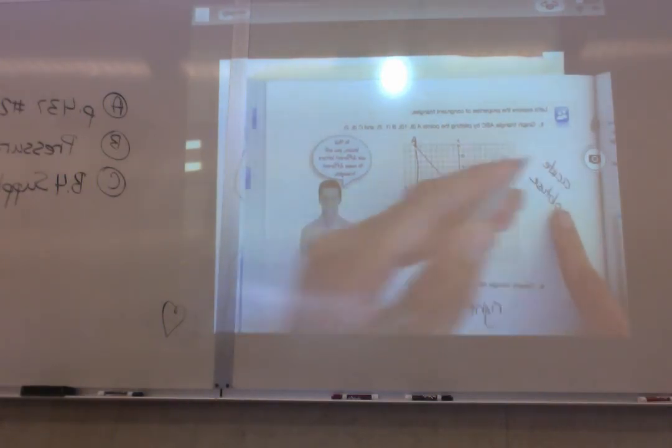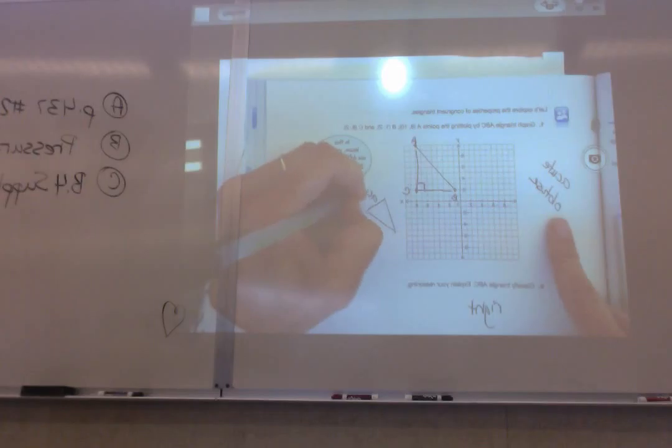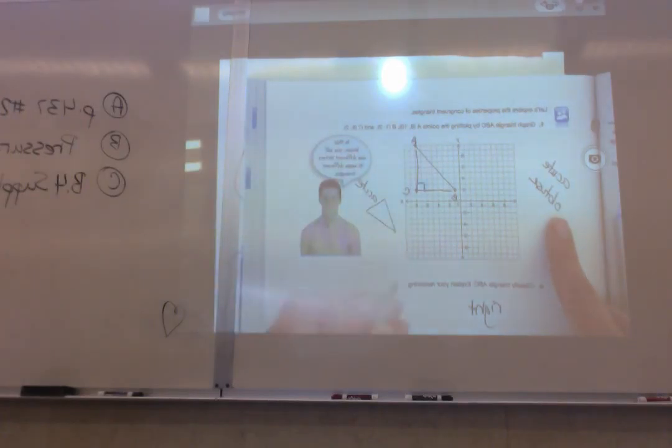If you have an acute triangle, all of the angles are less than 90 degrees. Here, let's see. There we go. That's probably an acute triangle. Okay, every single angle less than 90, acute. So, obtuse has one big angle in it somewhere. They can't all be big.